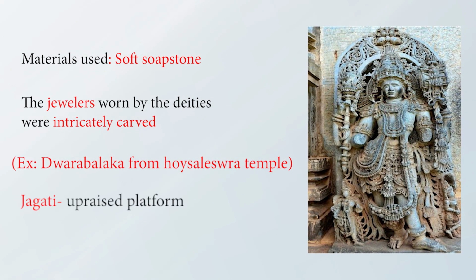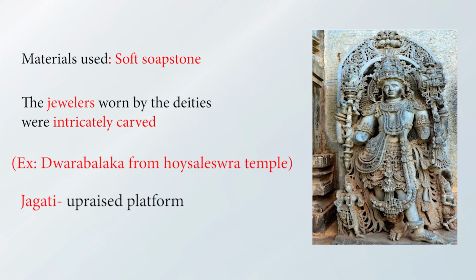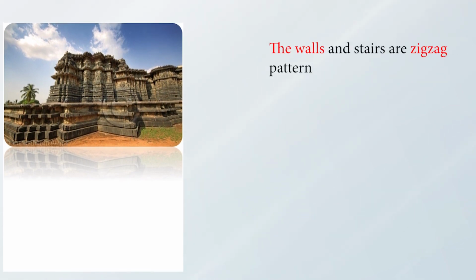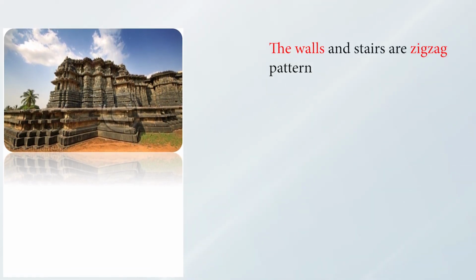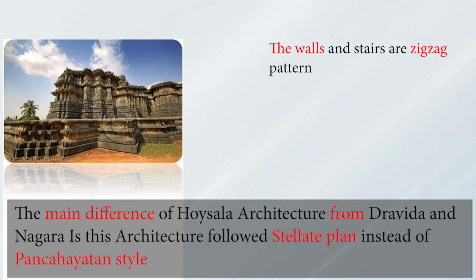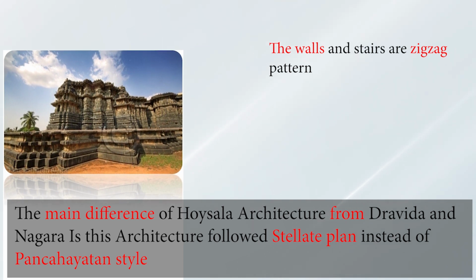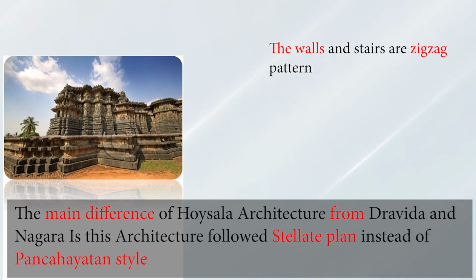The fifth feature is that the temples were built on an upraised platform known as Jagati. And the final important feature is that the walls and stairs of the temples followed a zigzag pattern, which is shown in this picture. The main difference of Hoysala architecture from Dravida and Nagara is that it follows the stellate plan instead of the Panchayatana style.